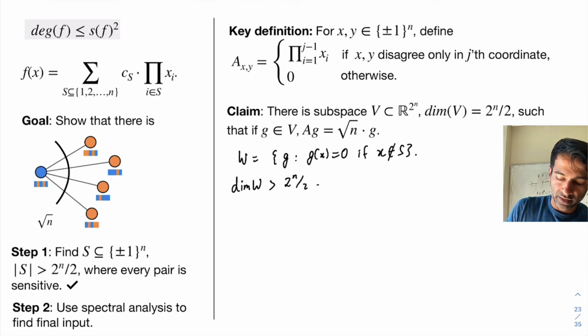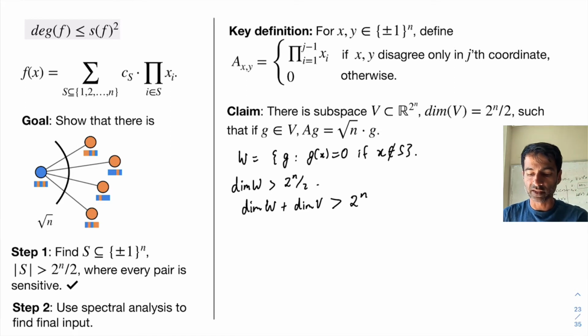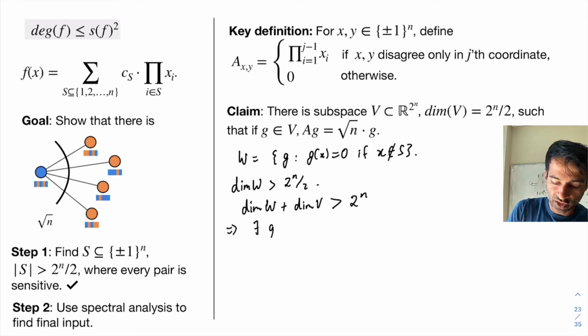Okay, and that means that the dimension of W plus the dimension of V exceeds 2^n, because the claim says that the dimension of V is 2^n over 2. And therefore, there is a vector G, a function G, that is in the intersection of W and V.